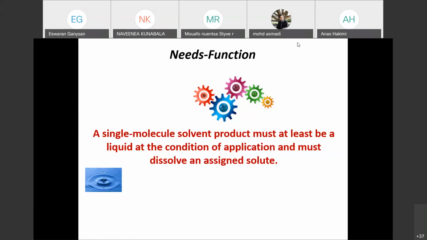It must be liquid when you apply it, and it must dissolve the assigned solute. So you have to find a suitable molecule or compound which can dissolve it. If it does not dissolve, it is meaningless. For example, for organics, you have to find a compound which is organic. So that is the needed function.